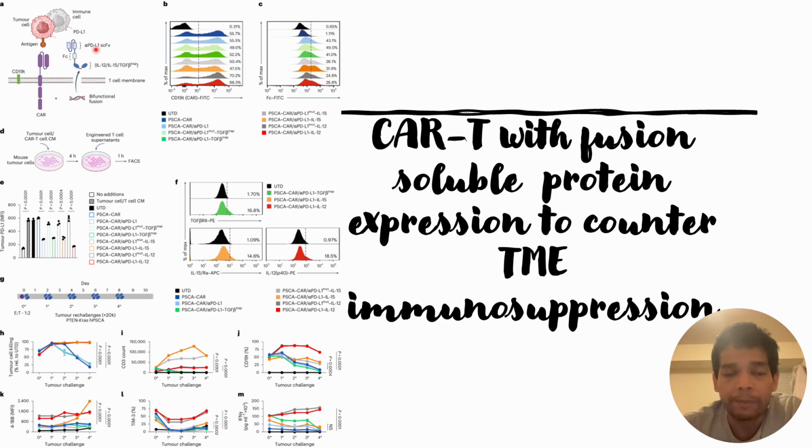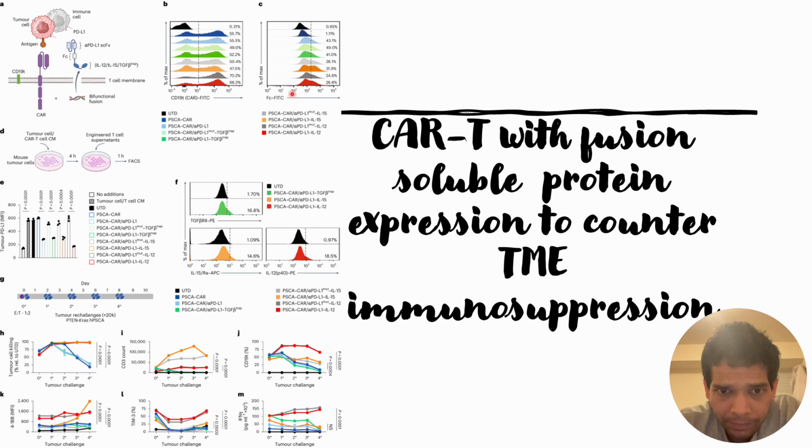First they checked the expression levels of these different combinations of the CAR. In panel B they have shown the expression level of the different combinations, that is CAR alone, with interleukin 12 and PD-L1, mutated PD-L1, interleukin 12 and interleukin 15, and different combinations, and they are able to see almost similar transduction efficiencies.